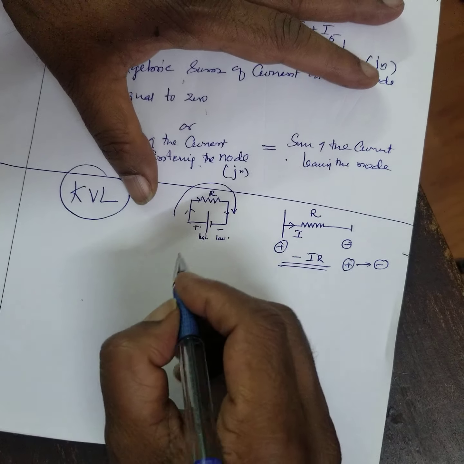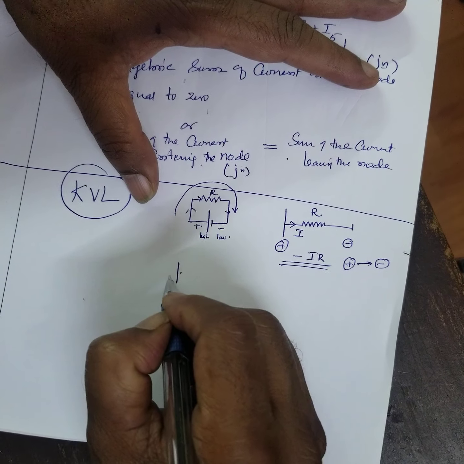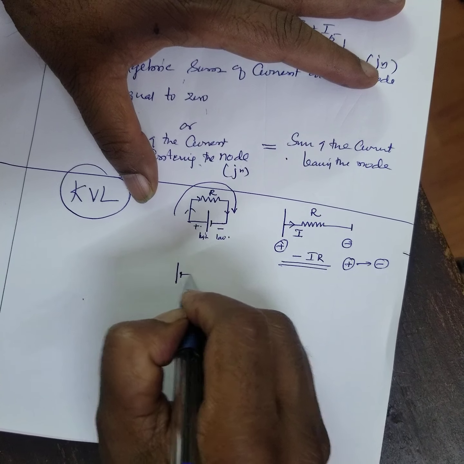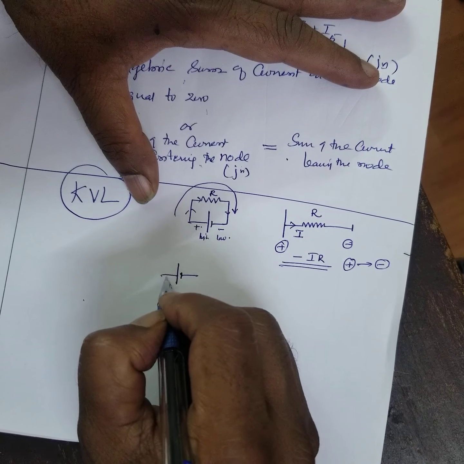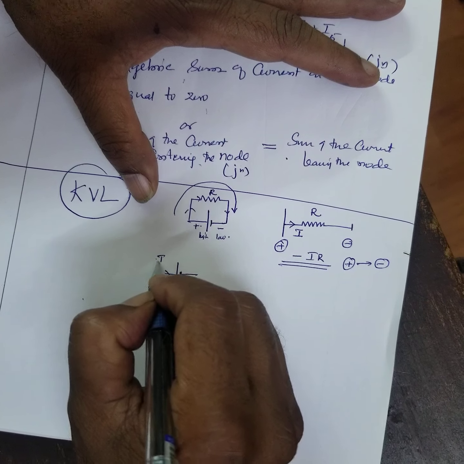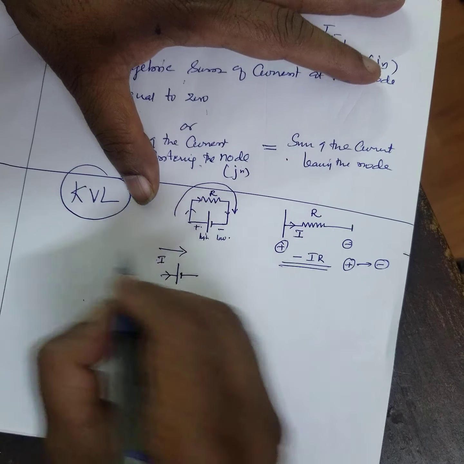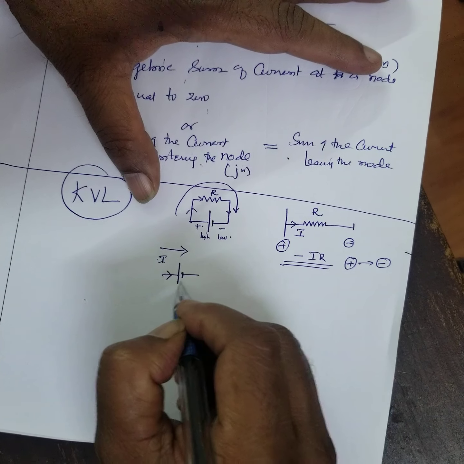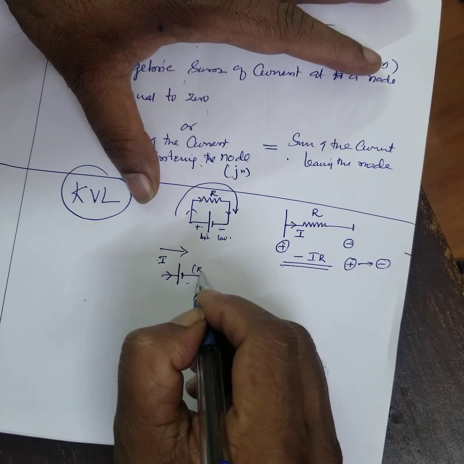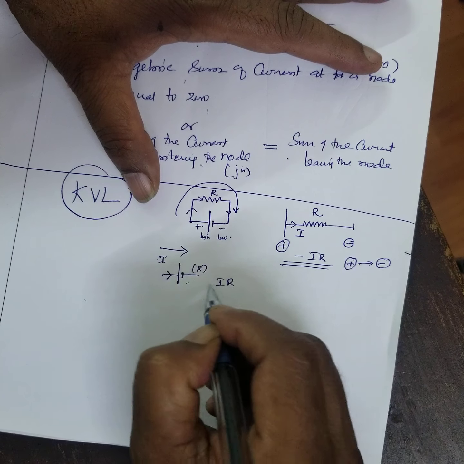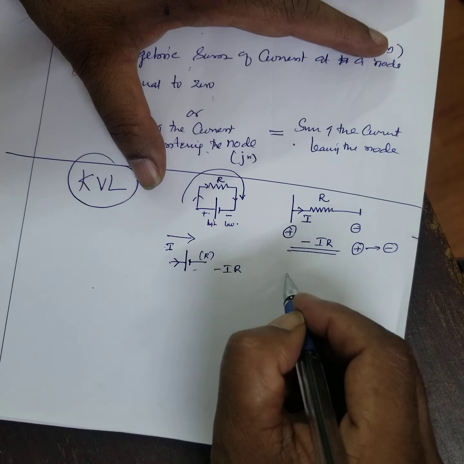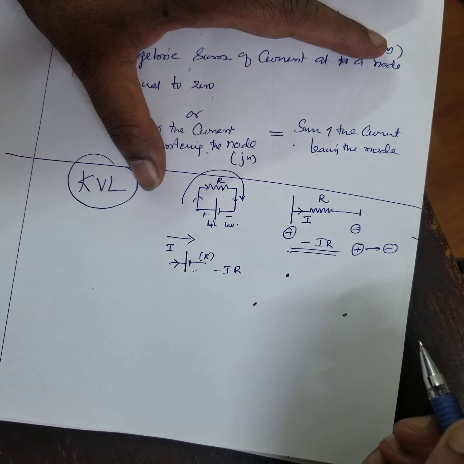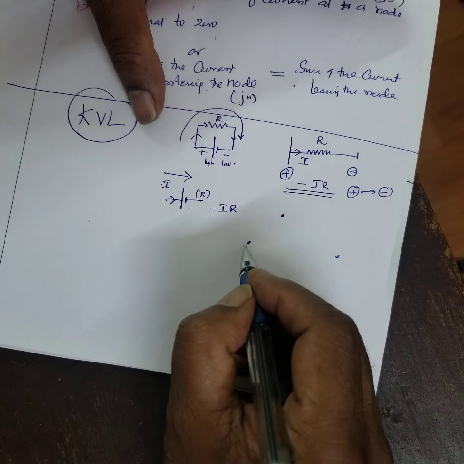Now I'll write like this. Suppose this is one battery. Current I flows from positive to negative. This R is a resistance, I put some resistance here. I R is negative. Suppose I put it like this.